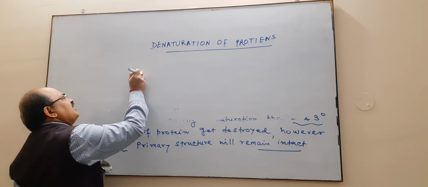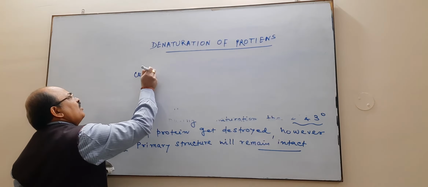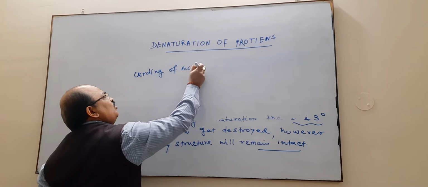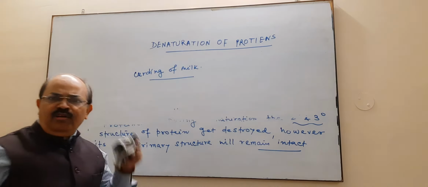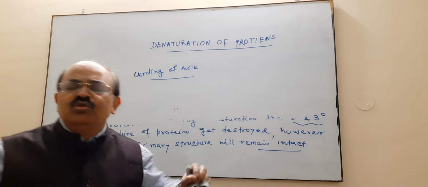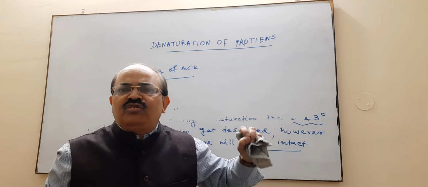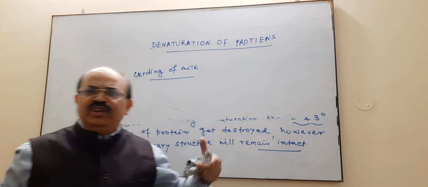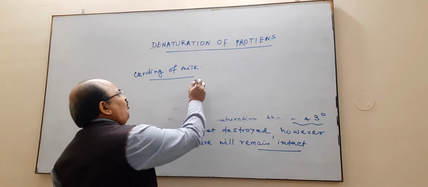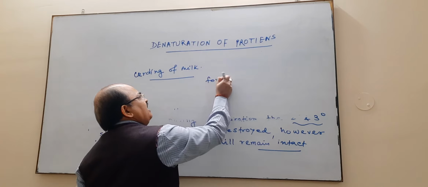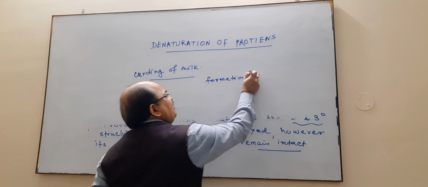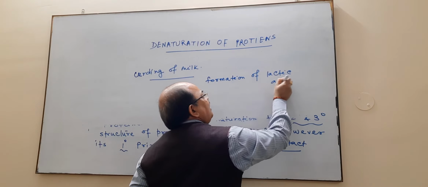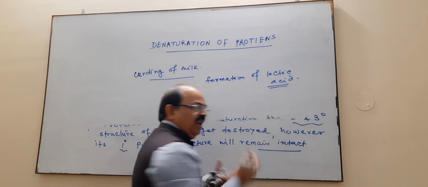The curding of milk is due to the presence of lactic acid, or you can say it is due to the formation of lactic acid in milk.